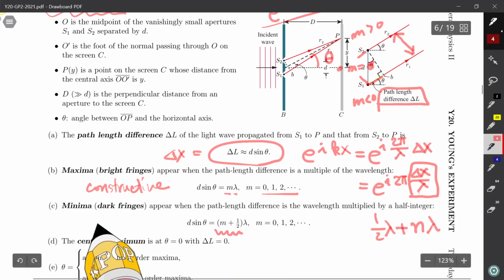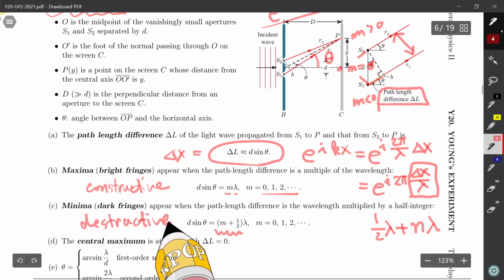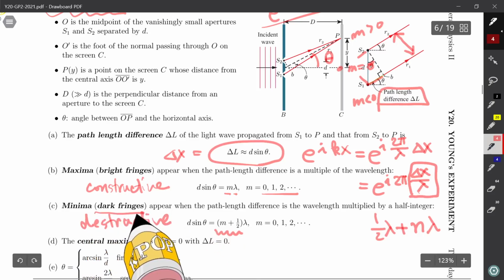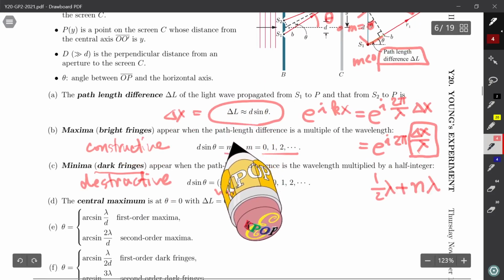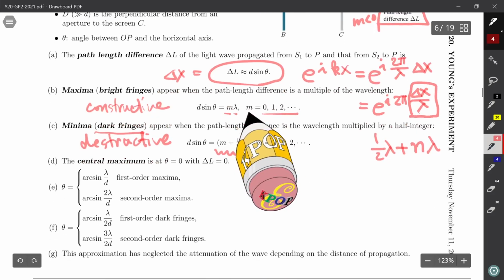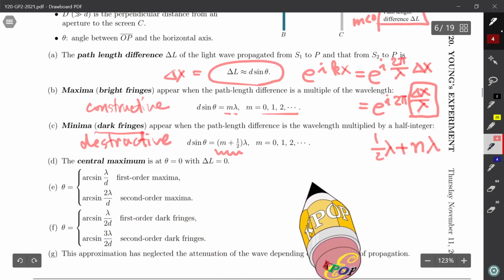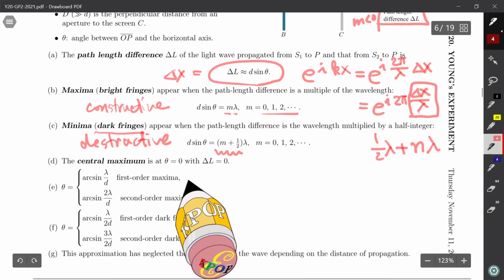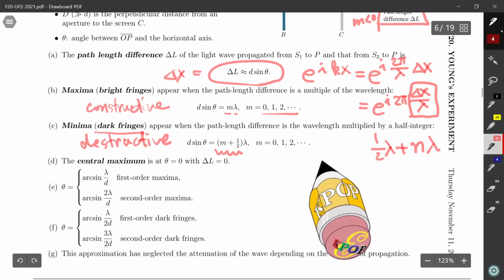In that case, it is a completely destructive interference that results in dark fringes. If we substitute these values and solve for the angle, we can make use of the arc sine function to find out the places where the bright or dark fringes appear.